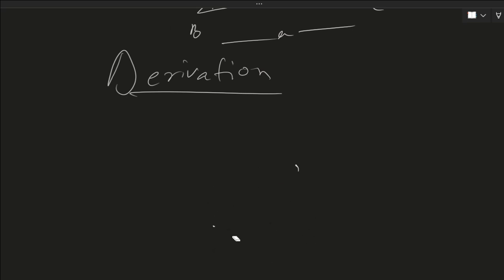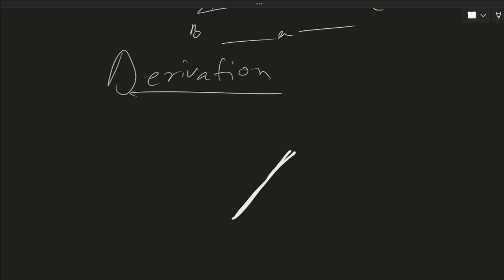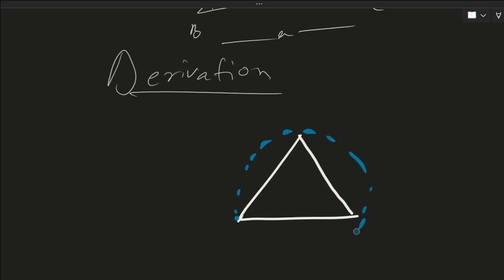So we could do one thing. Instead of reconstruction, just draw a simple triangle and draw its circumcircle, somewhat like this.